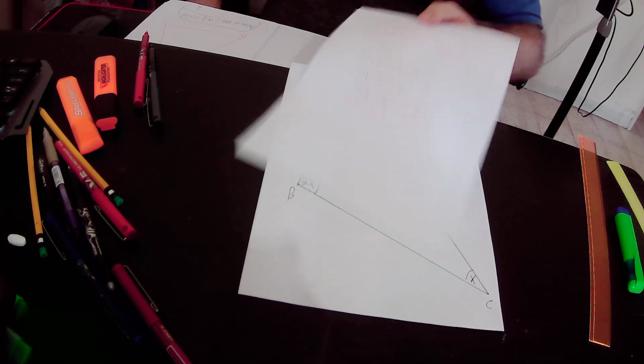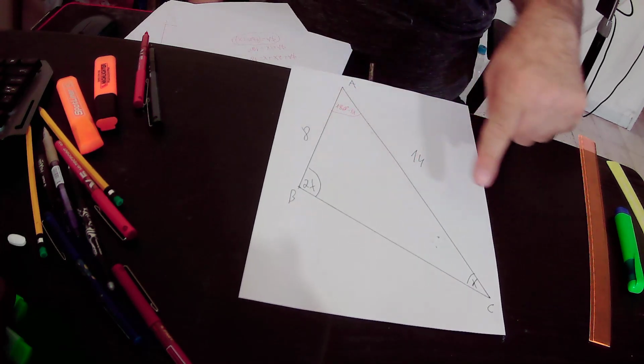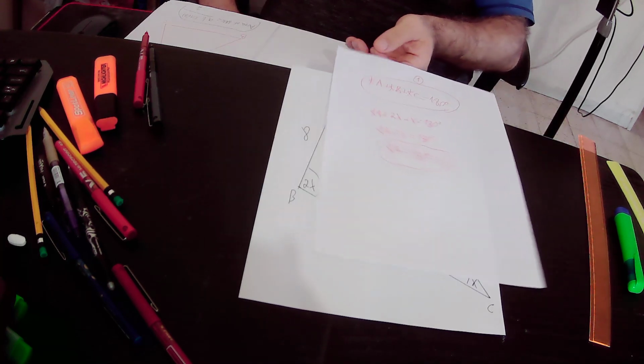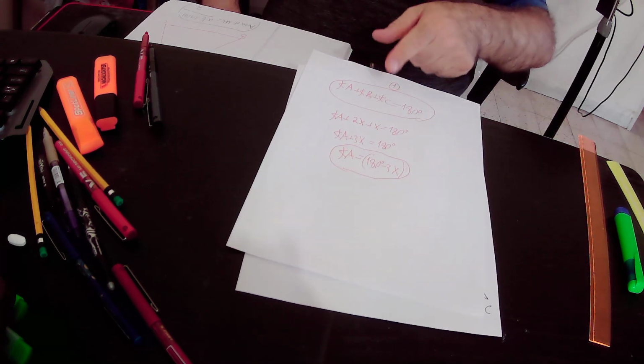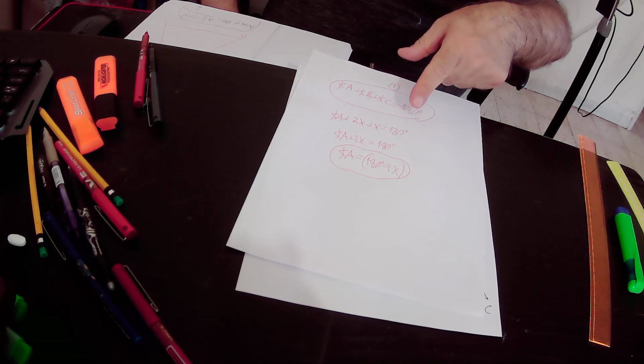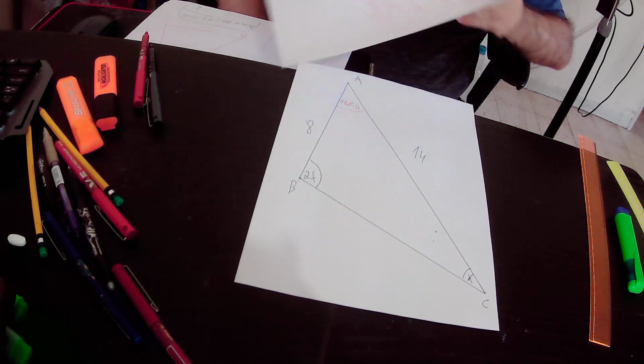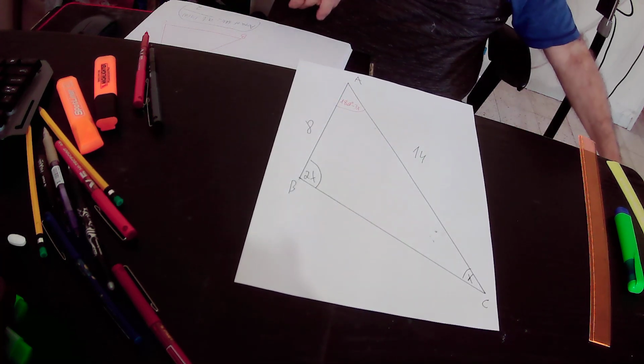But we know that angle B equals 2x and angle C equals x. So we have the equality A plus 2x plus x equals 180 degrees, and we found that angle A equals 180 degrees minus 3x.